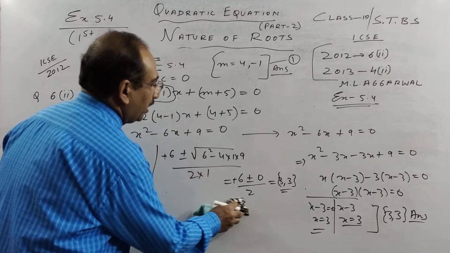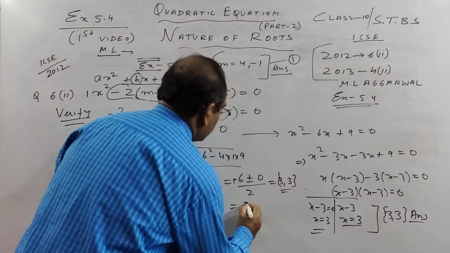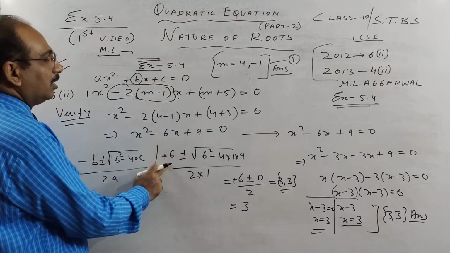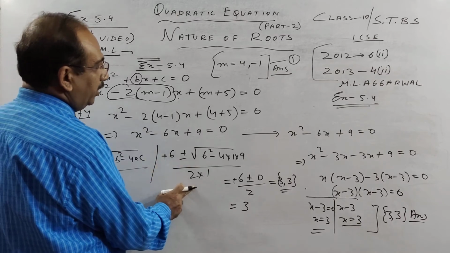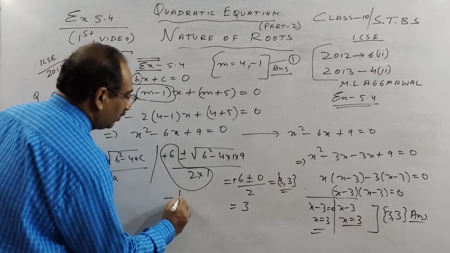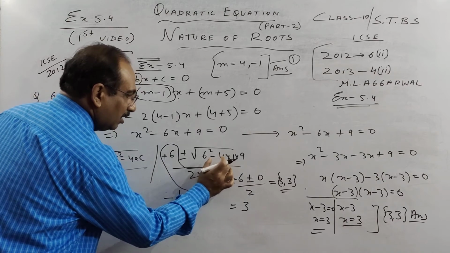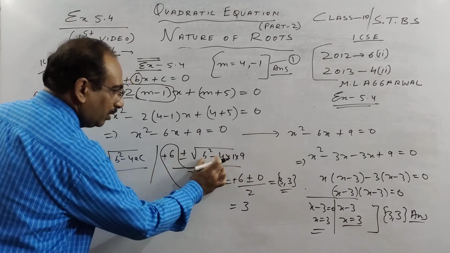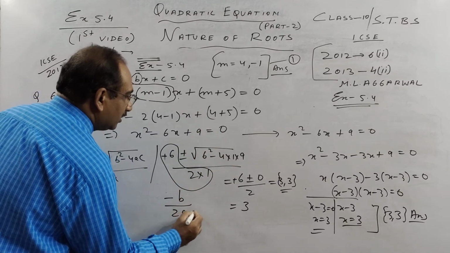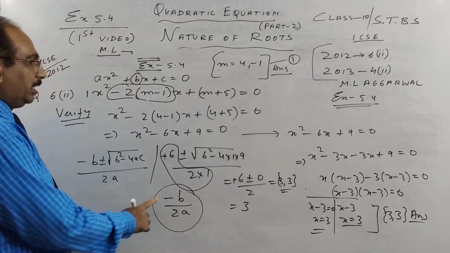And here also we had got, children, 3. So here I have not made a mistake. Minus b, I have done minus plus. So 6 by 2. So this is your answer. So actually this is what I say. When roots are equal, when this will be 0, roots will be equal, because plus minus 0 is the same. So your answer is minus b by 2a.